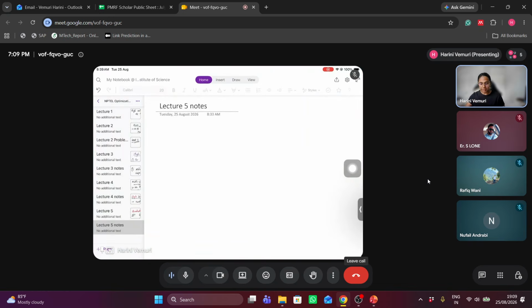First, what we will do is, when I was explaining in the last class how we will solve an optimization problem for a single or multiple variable problem using Newton's method, there was a small calculation error.